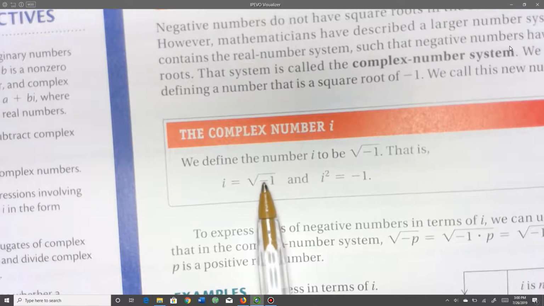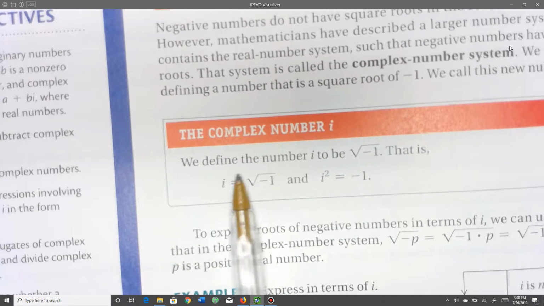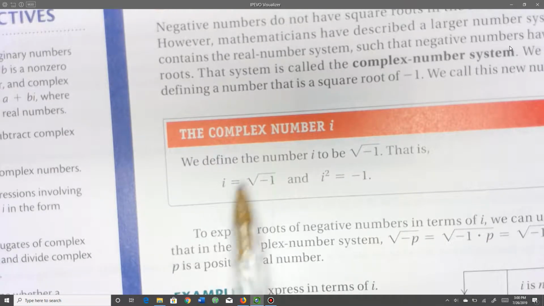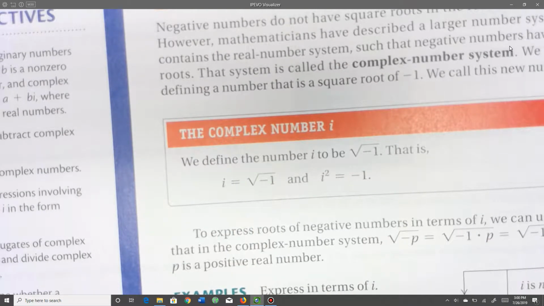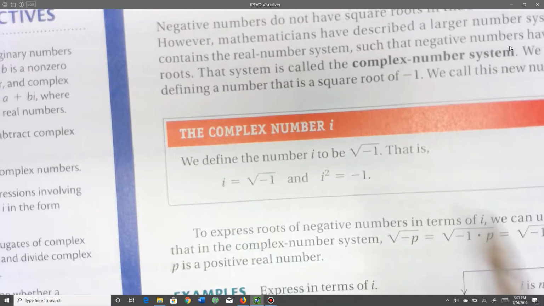However, if you have two negatives, you can't do that. First you have to get the negative sign, or the i, outside of the radical signs, and then you multiply. But you're basically treating it as a variable.